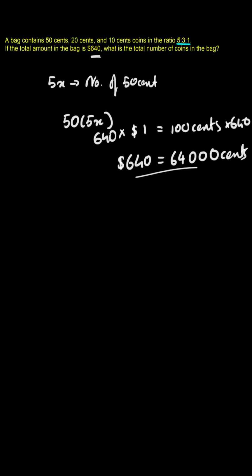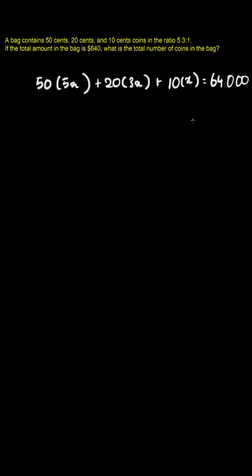Alright, let's do it. We know the 50 cent coins are 5x, so I add 20 times 3x and plus 10 times x. That will give me 64000 cents. I'm not writing cents or dollars, since we know everything is in cents.